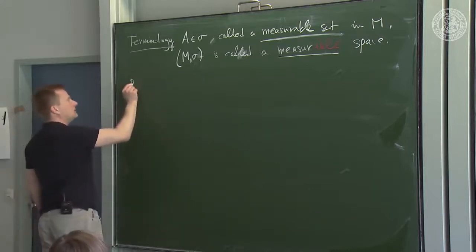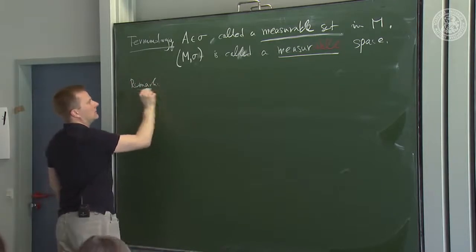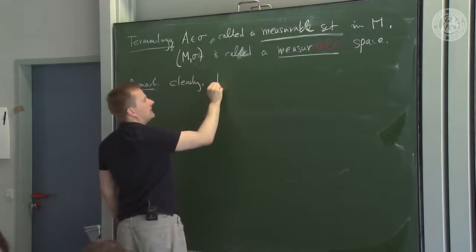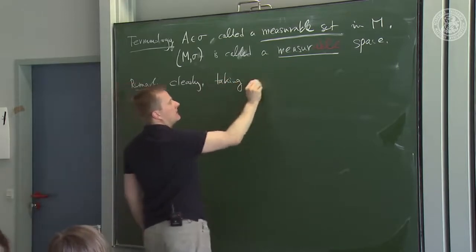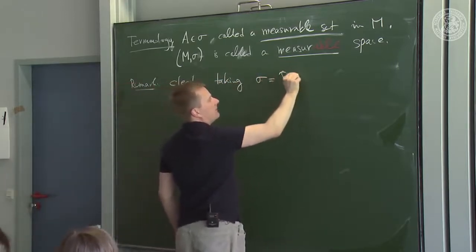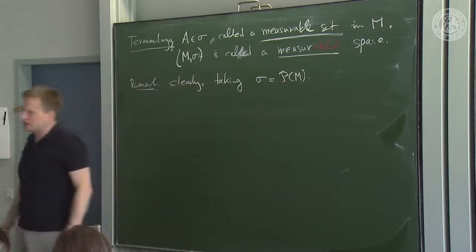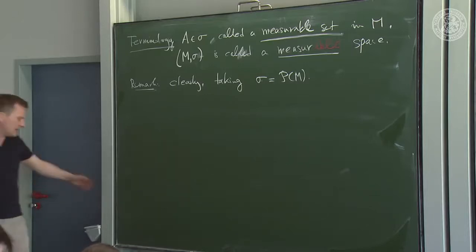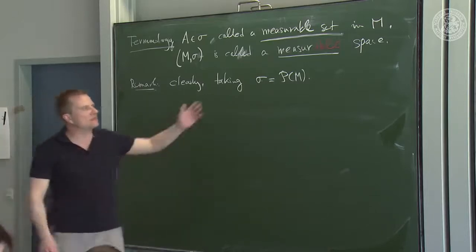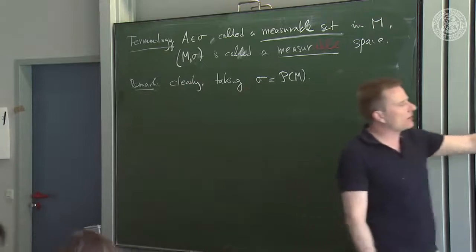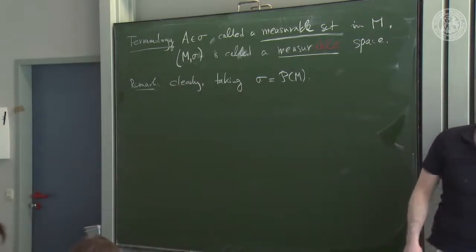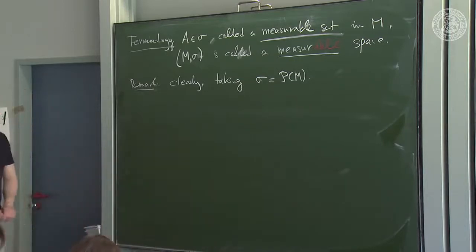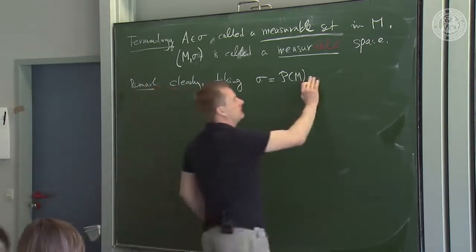So a remark, clearly taking sigma to be the entire power set. So it's a little like the discrete topology. Choosing the discrete topology, if you choose all subsets, they satisfy the conditions of a topology, but choosing all subsets also satisfies the requirements of a sigma algebra, is a sigma algebra.